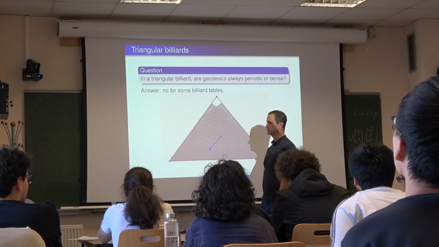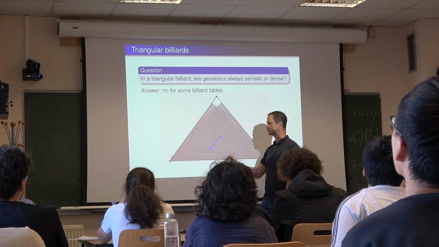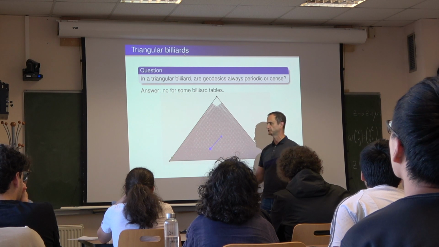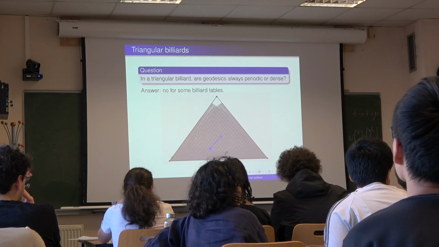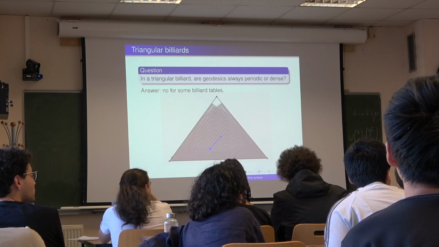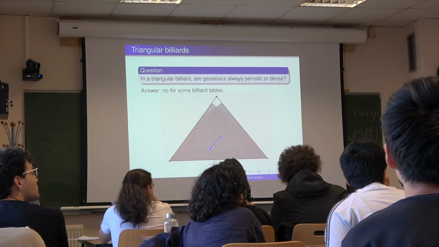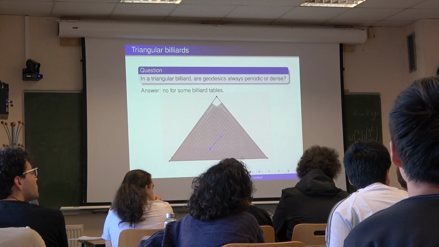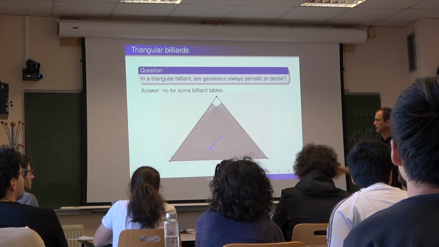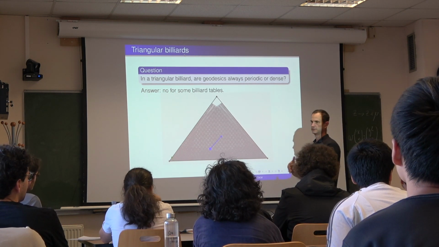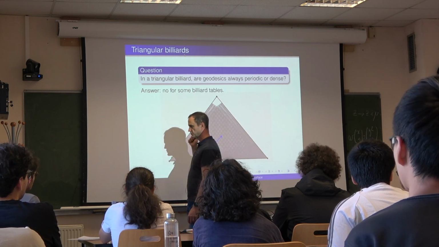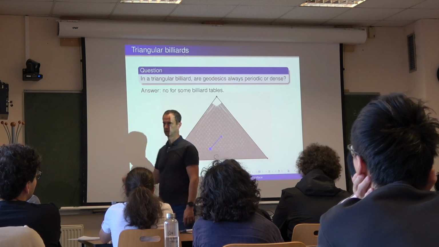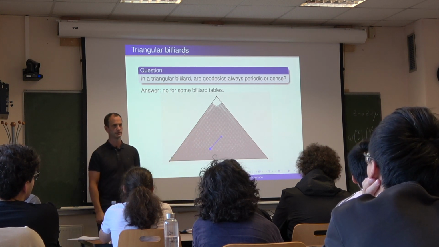This kind of situation was already known if you don't restrict to triangular billiards, but you're allowed to work with a billiard where the billiard table has the shape of an L. And it was already known that this phenomenon where you have an orbit which is neither dense nor periodic exists. It's the fact that you try to find them on a triangle which took more time.